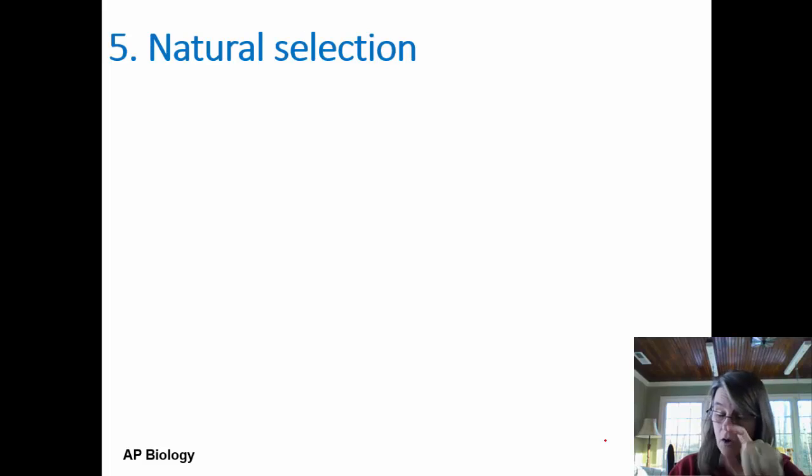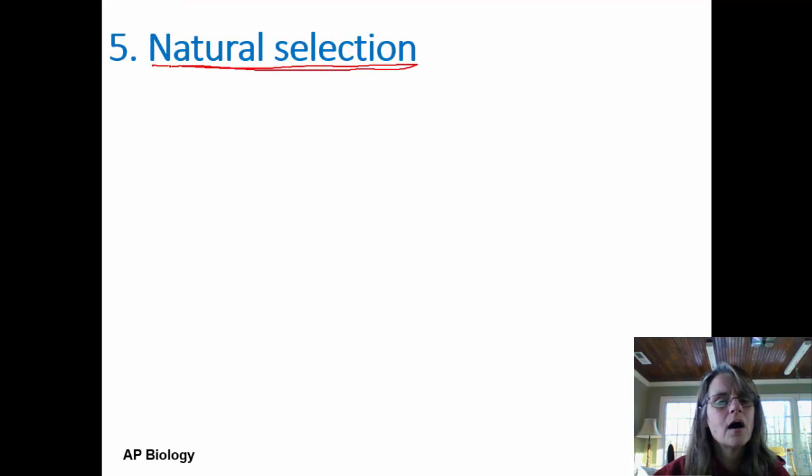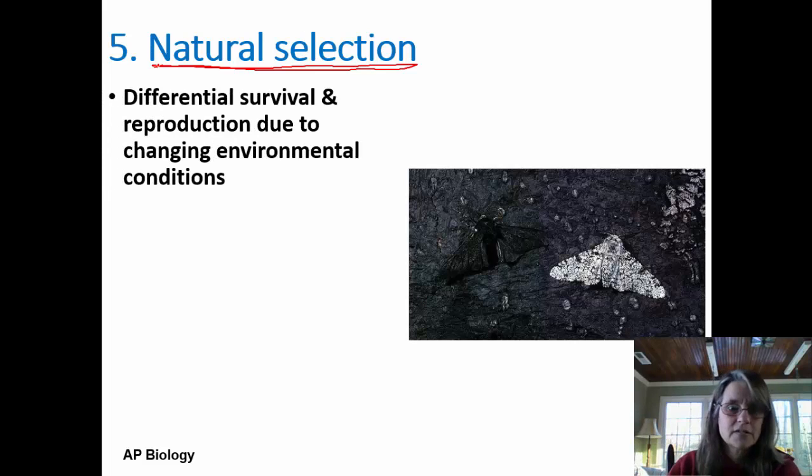Natural selection is what we always focus on when we talk about evolution, because this is the only agent of evolution that leads to adaptive changes that make an organism really well suited to its environment, but it's not the only thing that can cause evolution to happen in a population. It's just the only thing that causes evolution to happen, resulting in organisms that are better adapted to their surroundings.